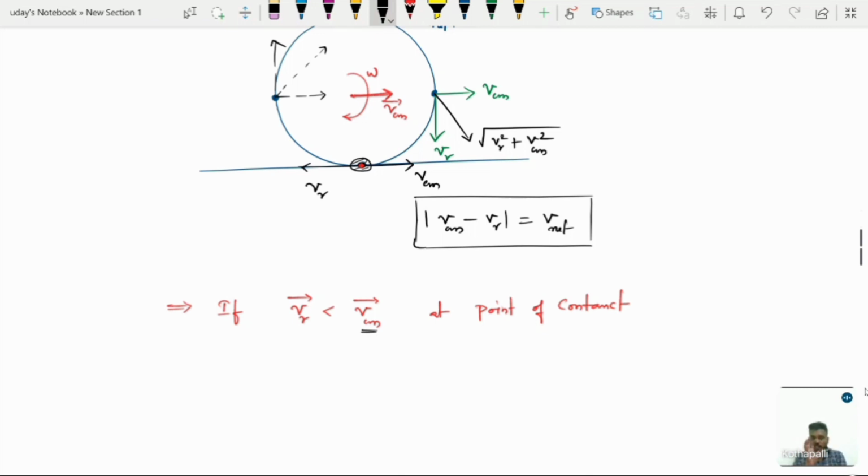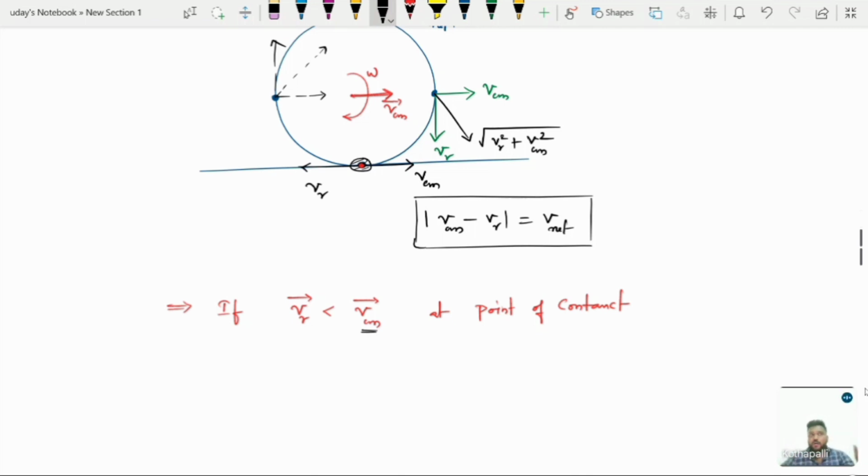There is a spherical body in rolling motion, rotating like this and rolling in the forward direction. But the velocity of the point of contact in the forward direction is more than that in the backward direction. Then at the time of rolling, it will have the possibility to slip in the forward direction.